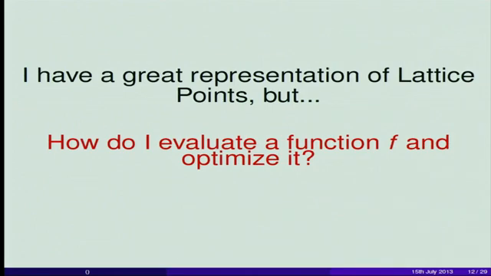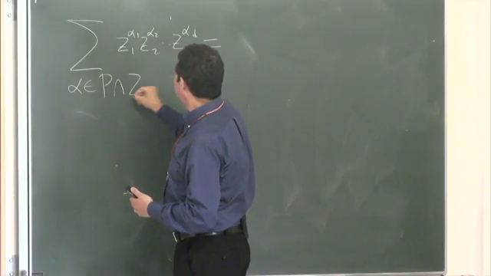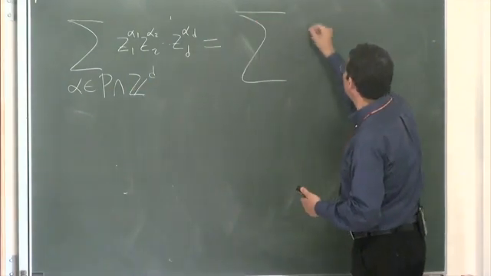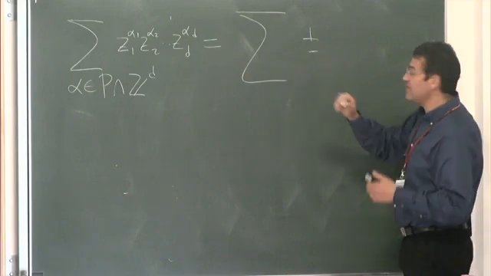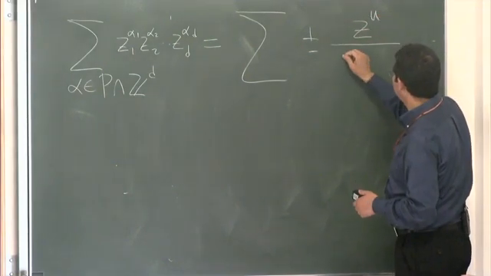Here I have the lattice points. So it's the sum of the lattice points z_1 to the alpha_1, z_2 to the alpha_2, z_d to the alpha_d. And you have this for every lattice point in the polytope. So it's a long sum, but you're representing this long sum as a plus-minus addition of rational functions that look like this.